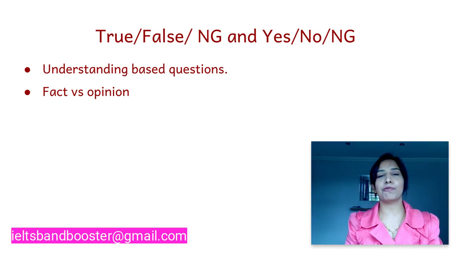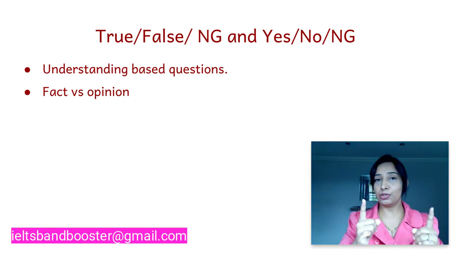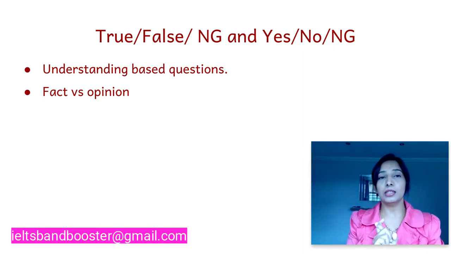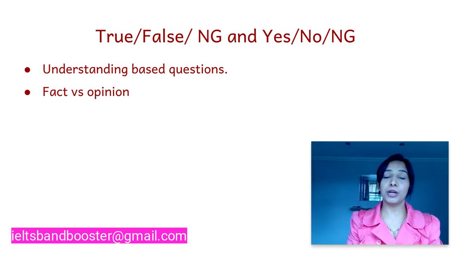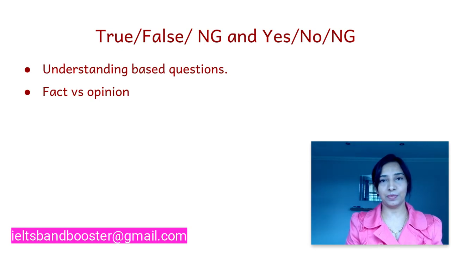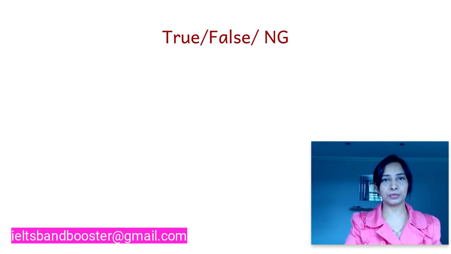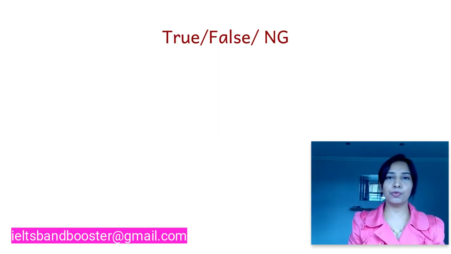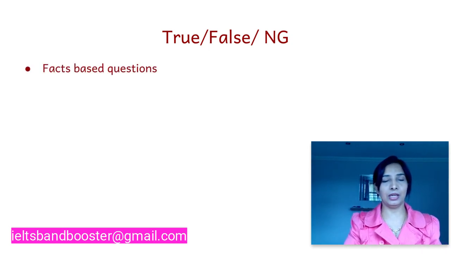So this is the basic difference between these two questions, and the purpose of these exams is testing your understanding ability, right? Let's first start with true, false, and not given answers.